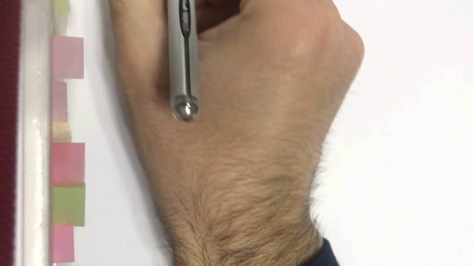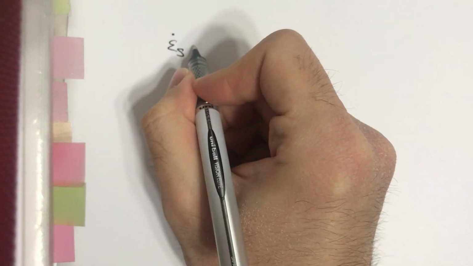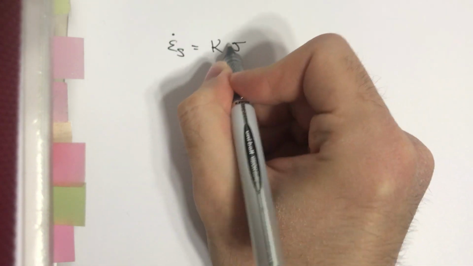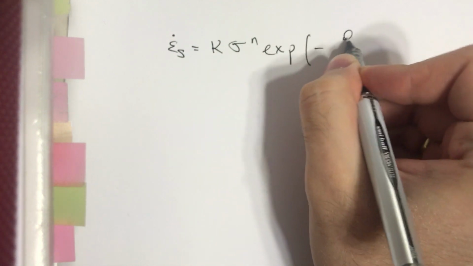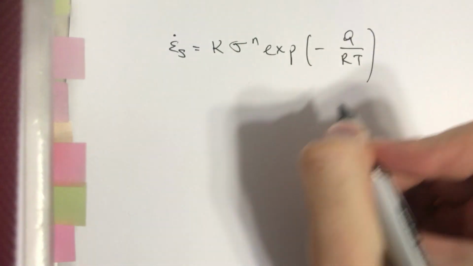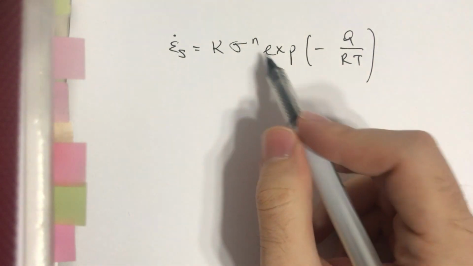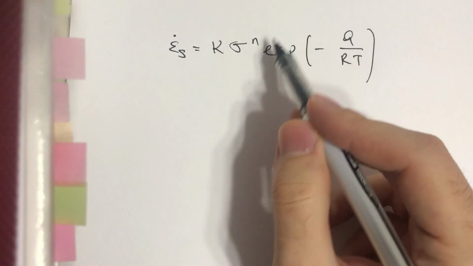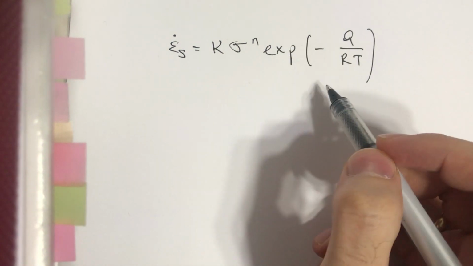So we first need to write the relation between steady state creep rate and the stress level, the activation energy and temperature. This type of relation, where an exponential term is included in the expression, is known as an Arrhenius relation.